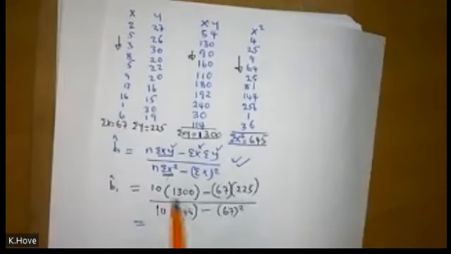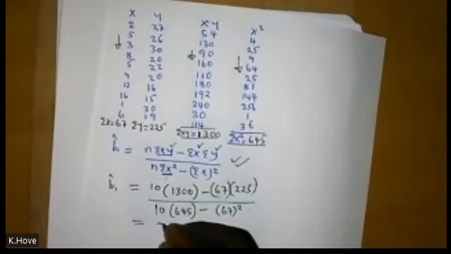Now, you calculate the top part, then you divide by the bottom part, you must get minus 1.06. That is our beta 1 hat.